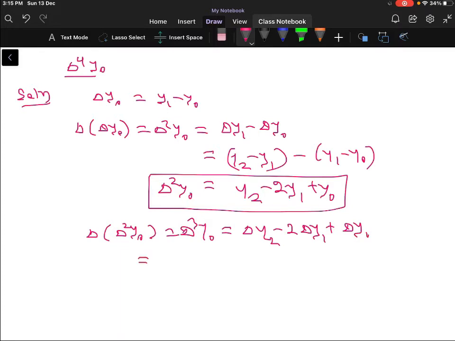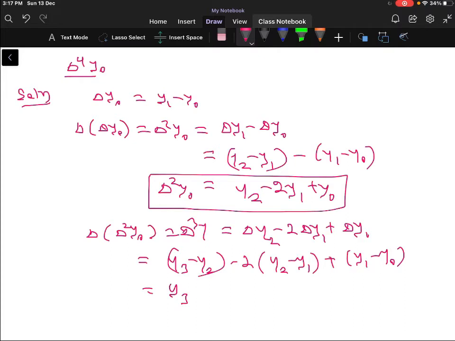Delta y2 is nothing but y3 minus y2, minus 2 times delta y1, which is y2 minus y1, plus delta y naught, which is y1 minus y naught. So this is equal to y3 minus y2 minus 2y2, that is minus 3y2, plus 2y1 plus y1, that is plus 3y1, minus y naught. So that is delta cube y naught.